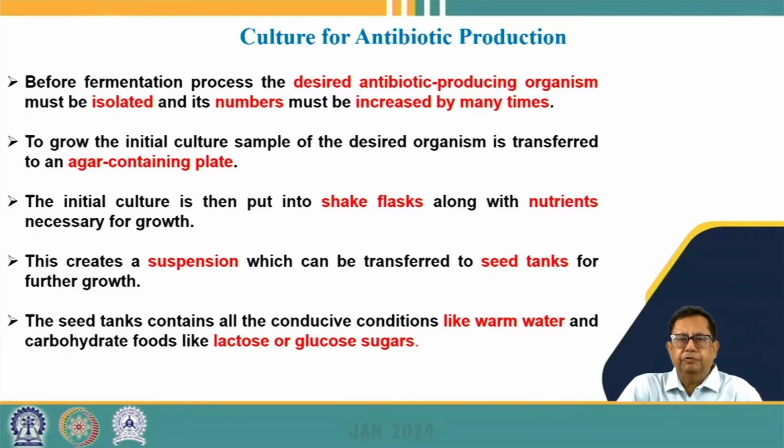In this seed tank, we have to have all the conducive conditions. For example, we can add warm water if we want to control the temperature. Similarly, we have to add food, for example carbohydrate sources like lactose or glucose sugars, which they can easily metabolize, and then they can grow in large numbers in such seed tanks.